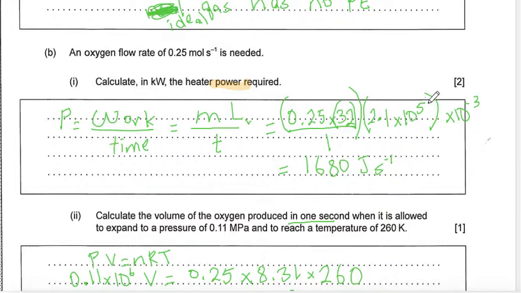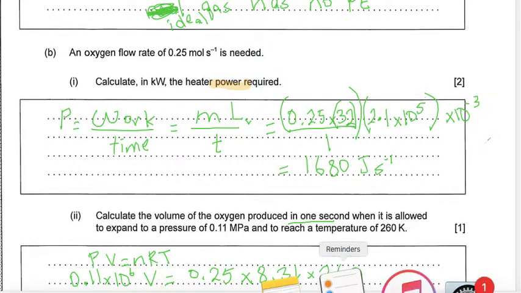So LV I already know, joule per kilogram, so I need the mass in unit time. But I know 0.25 moles flow in 1 second. So if I put 1 second for time, I know how many moles I can put here, but I actually need the mass, so I multiply that by mass per mole, and I convert it to kilograms. Calculation gives me the answer.